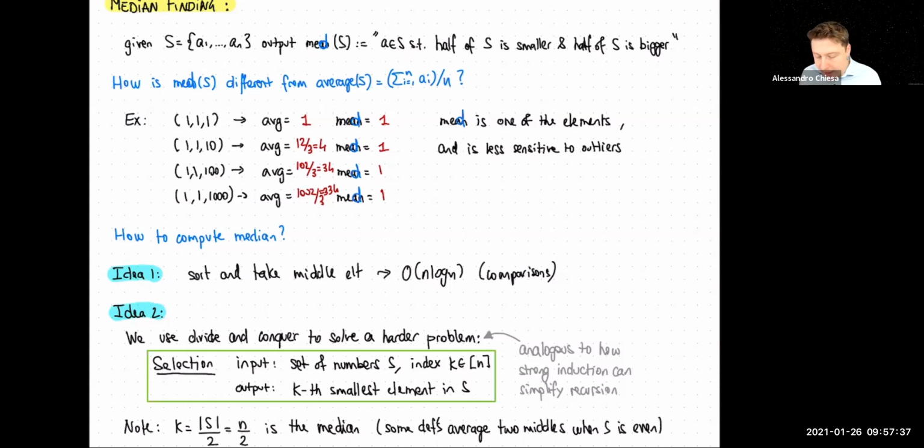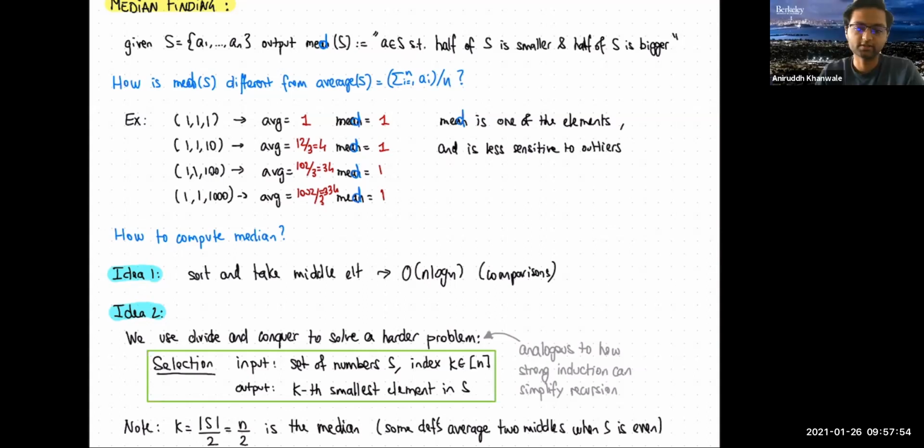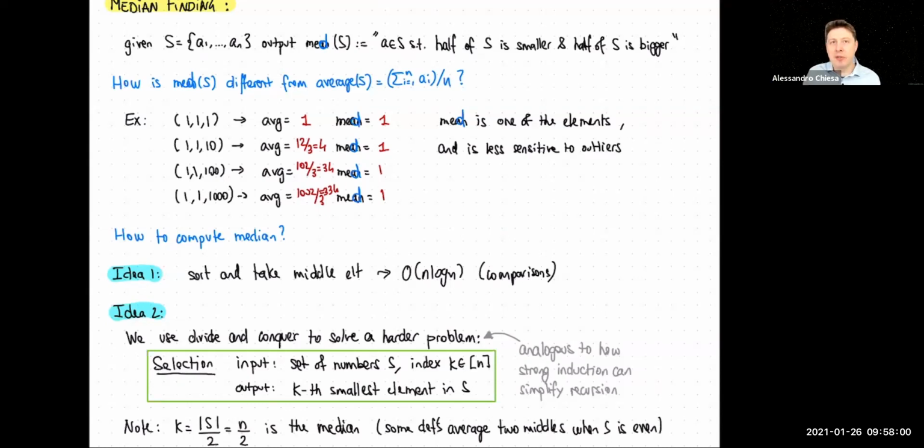Can anybody suggest a high-level intuitive reason that may point to the fact that we can do better? We don't need to sort the entire list to find the median because you can just find the first half of the elements. Yeah, intuitively sorting gives me a lot of information. It gives me who's the first element, the second element, the third element, and I did all that work.